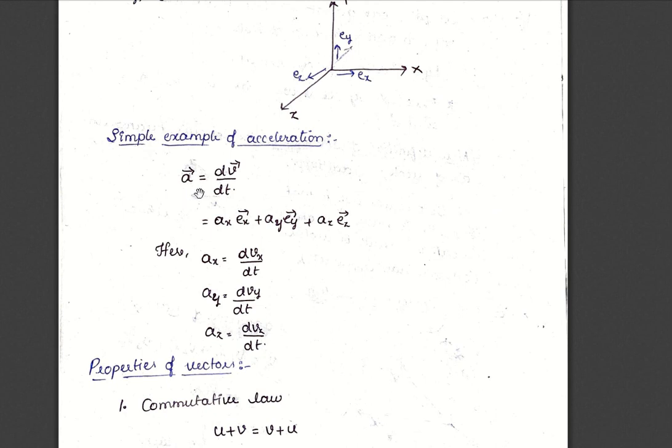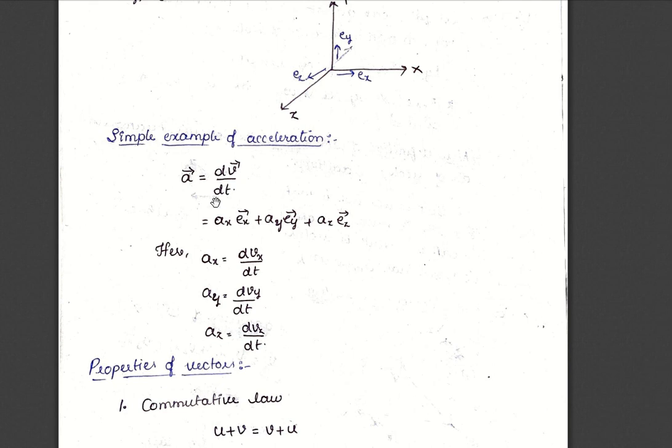Acceleration is given as dv by dt. Acceleration and velocity both have directions and magnitudes. So we can say a bar is ax ex bar plus ay ey bar plus az ez bar. If we denote it in terms of vectors, the basic expression in mechanics is dv by dt.